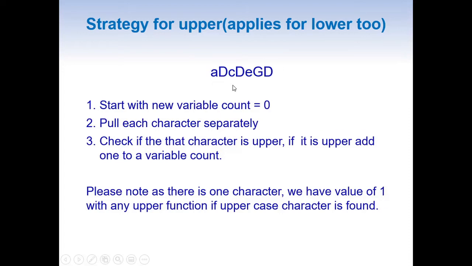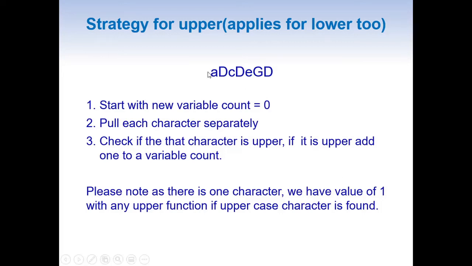And finally, when I have looked into all the characters in this particular word, I will be able to get the count of uppercase letters. Now I would like to mention one more point before moving on. As we are pulling one letter, we will have the value of 1 with the ANYUPPER function.